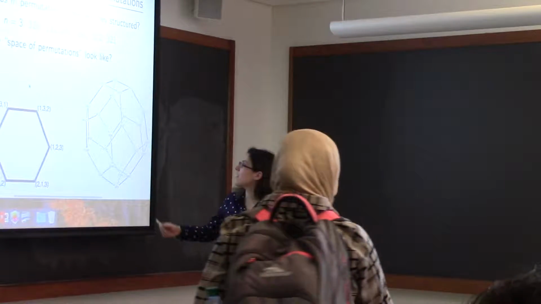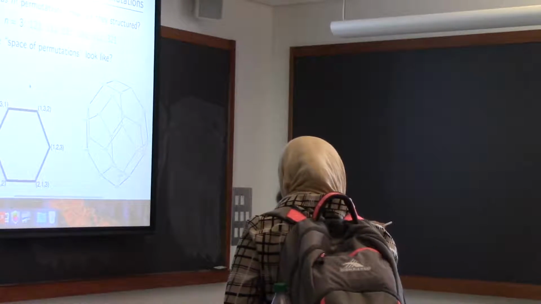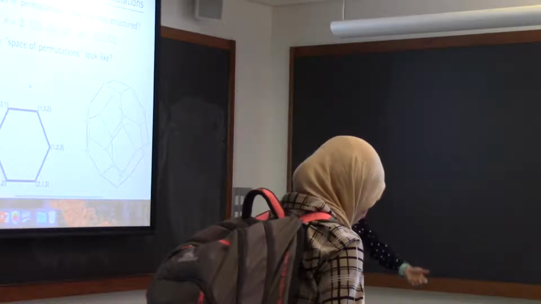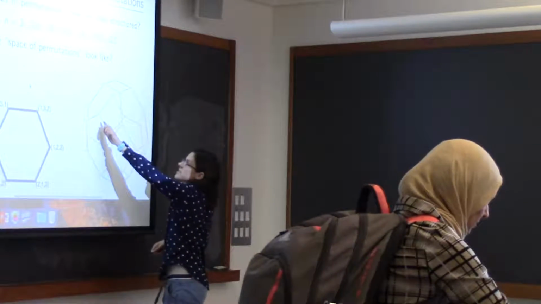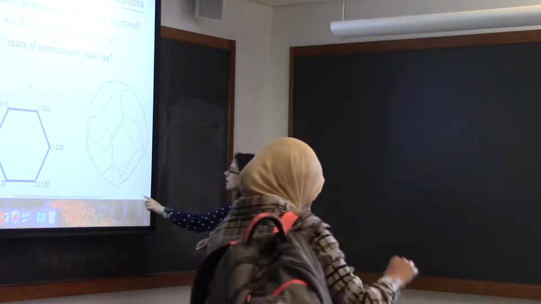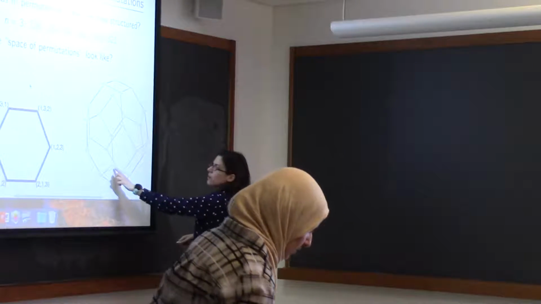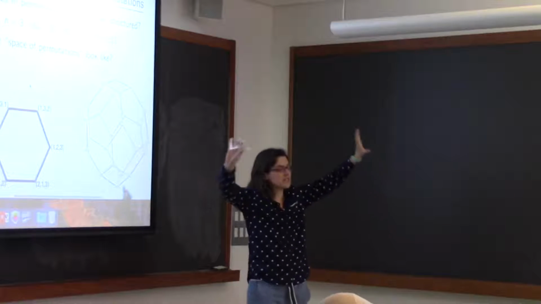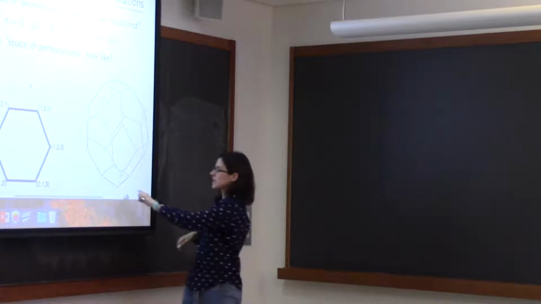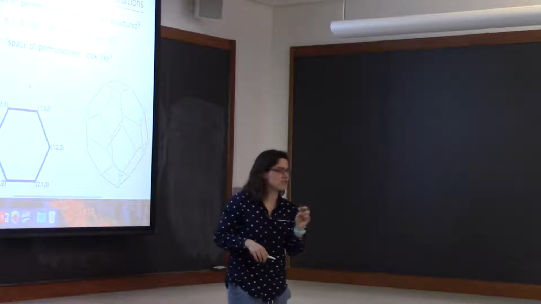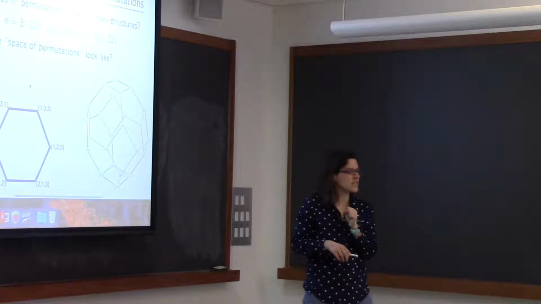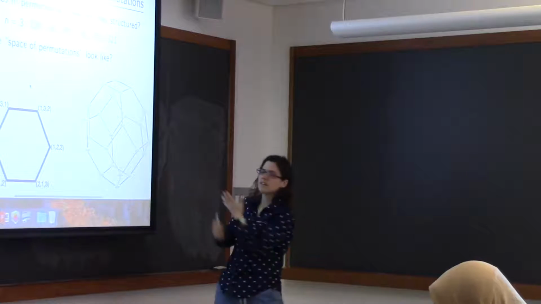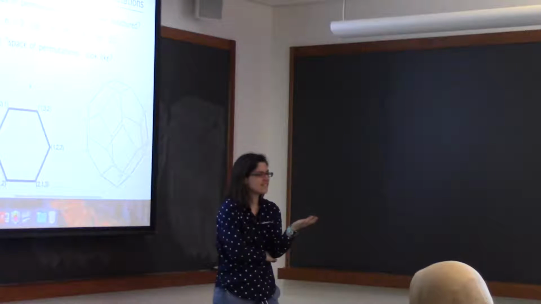How about if you have 4 objects? Luckily, we have 4 students sitting here. What if we want to rearrange them? We could put them in order. It's kind of hard to see these labels, but we could put them in order 1, 2, 3, 4, 1, 3, 2, 4, 2, 1, 4, 3, and so on. And if you plot those points in 4-dimensional space, and you connect them if 2 students are switched to get from one to the other, you get a polyhedron.